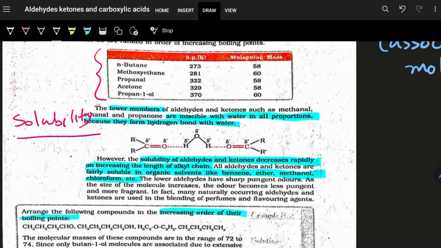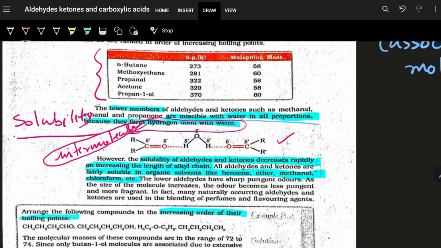Next, coming to solubility. Lower members are more soluble. They are soluble almost in all proportions in water. Why is it so? Because of the formation of intermolecular hydrogen bonding with water molecules. So this is an example of a ketone. Similarly, we can see an example of an aldehyde forming intermolecular hydrogen bonding with water.